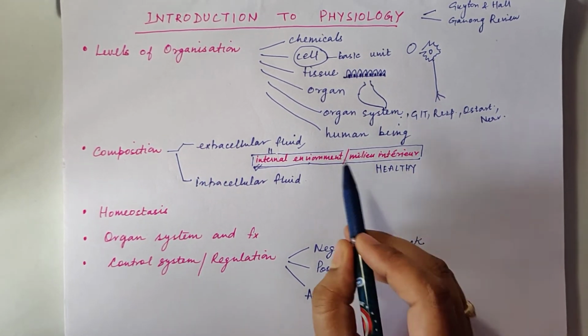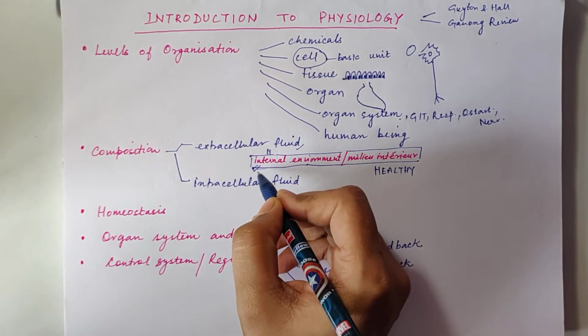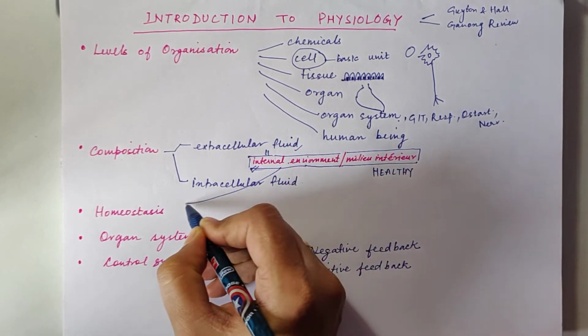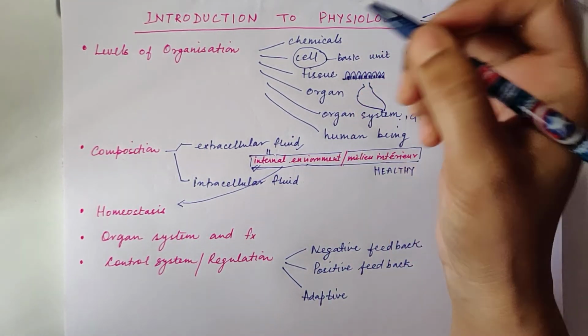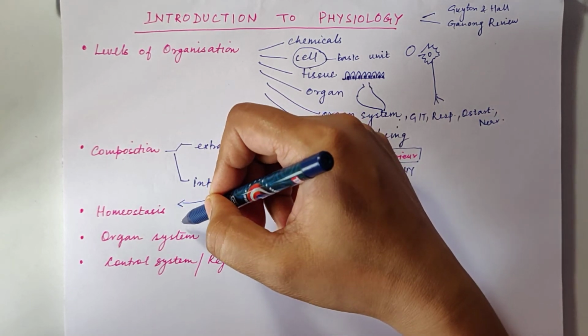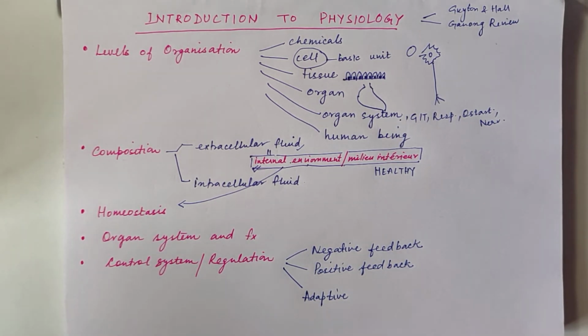Now, continuing the very same thought, we come to homeostasis. What is homeostasis? Homeostasis is maintaining this internal environment. It is maintaining the conditions of this internal environment nearly constant all the time.